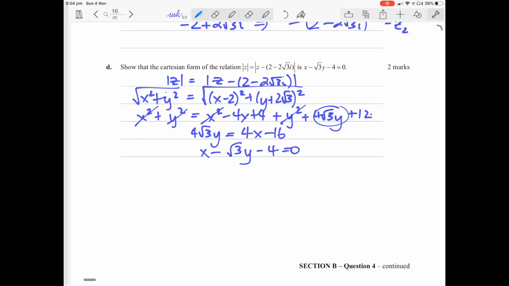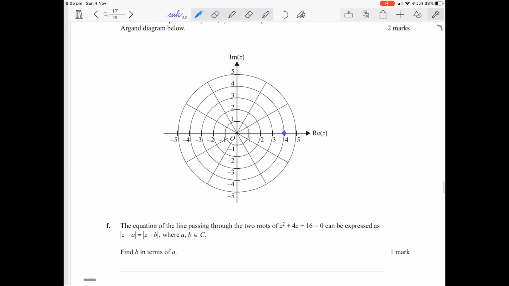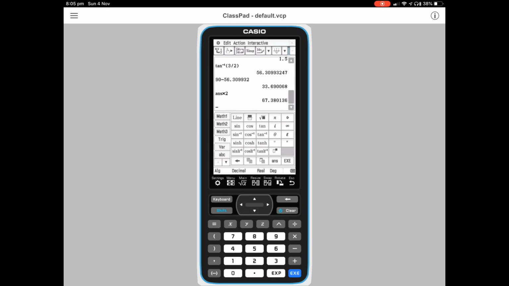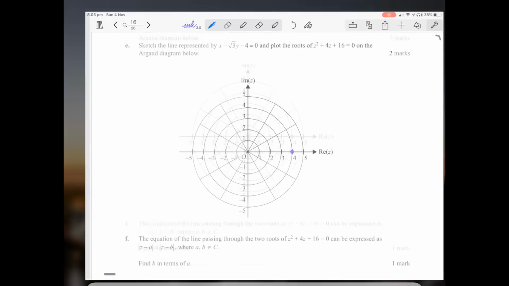If we let x equal 0, we get y equals negative 4 on root 3. What's negative 4 on root 3? About negative 2.3.